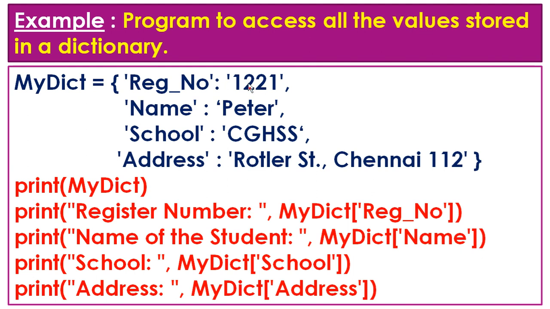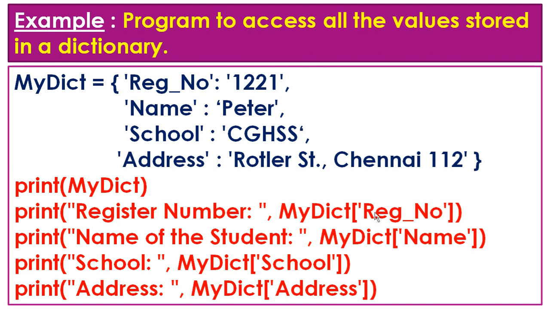The respective values are 1221 for register number, Peter for name, CGHSS for the key school, and finally Rotler Street, Chennai 112 for address. Print MyDict prints the whole dictionary. These four statements are used to print individual elements of the dictionary.